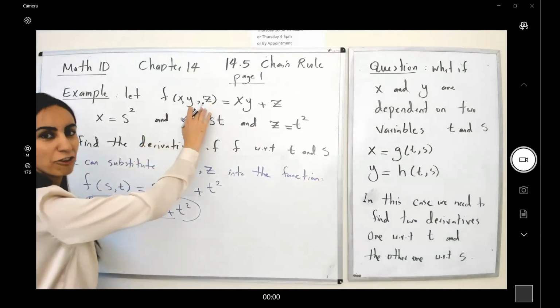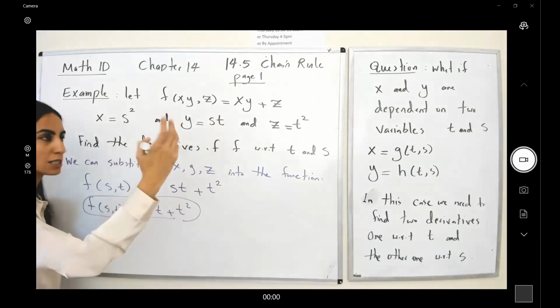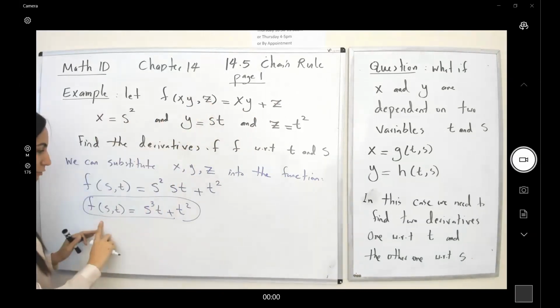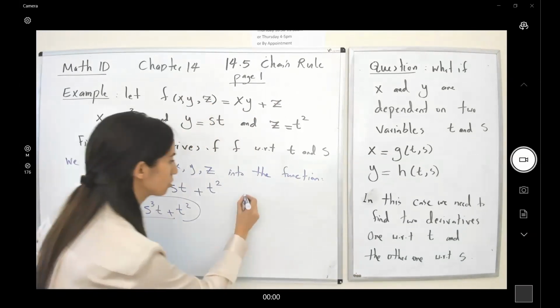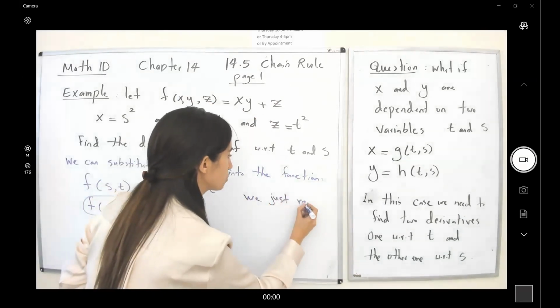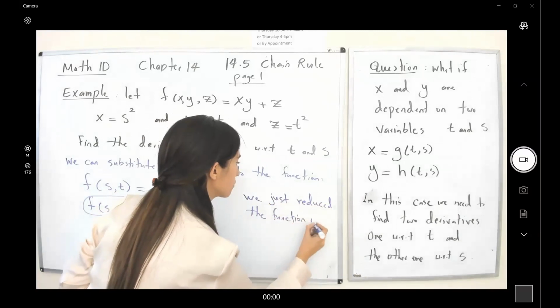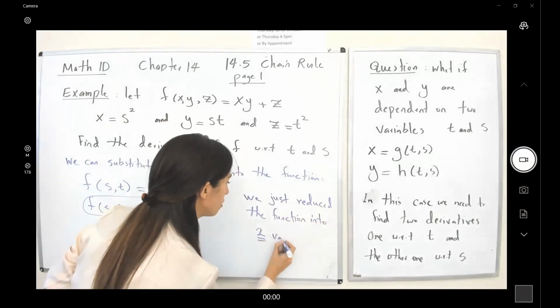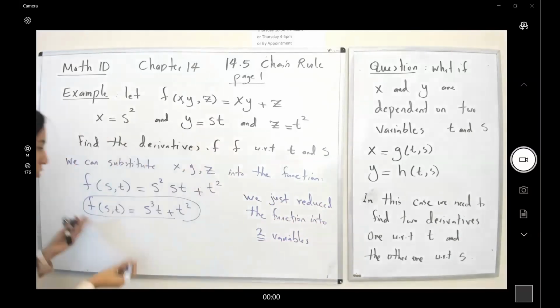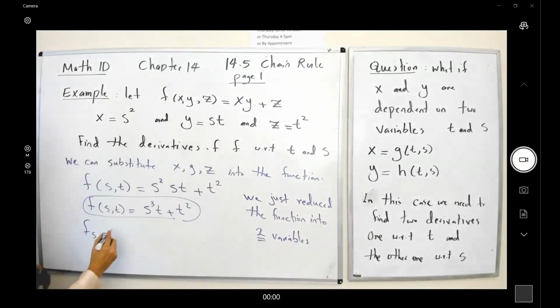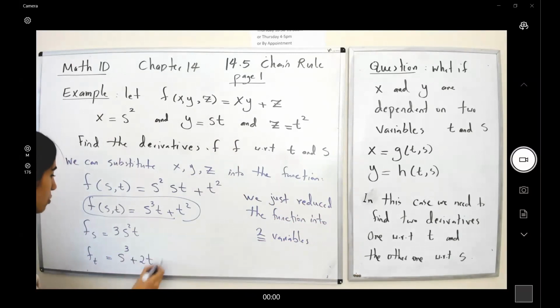From a function in three variables, we reduce the dimension to a function with two variables. So what is f of s? F of s is 3s squared t. What is f of t? F of t is s cubed plus 2t. We're done.